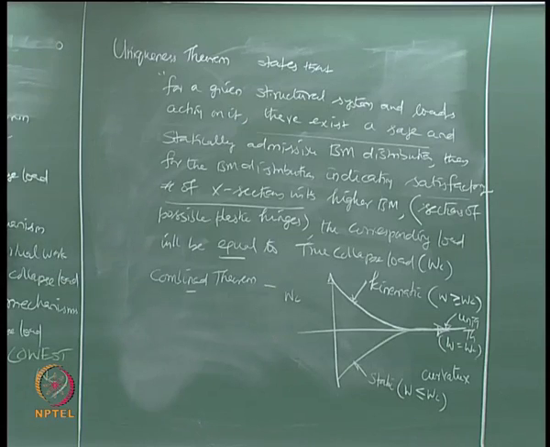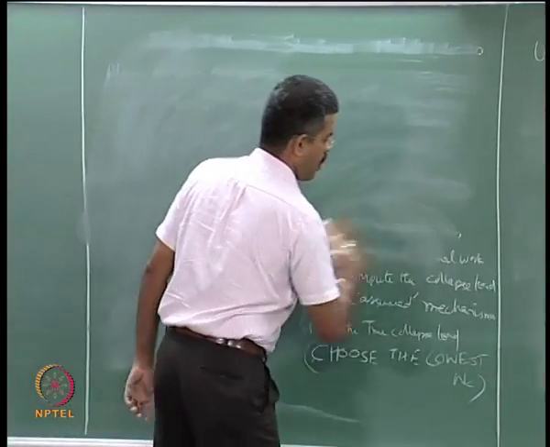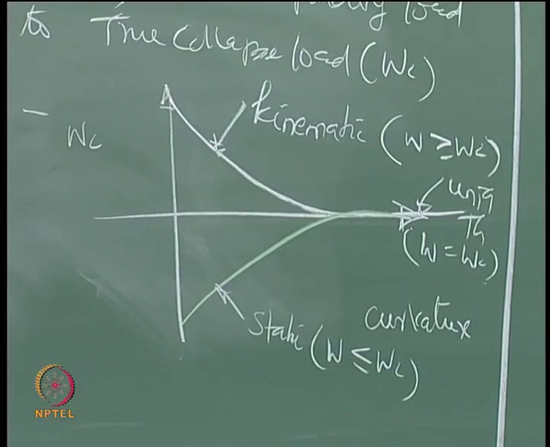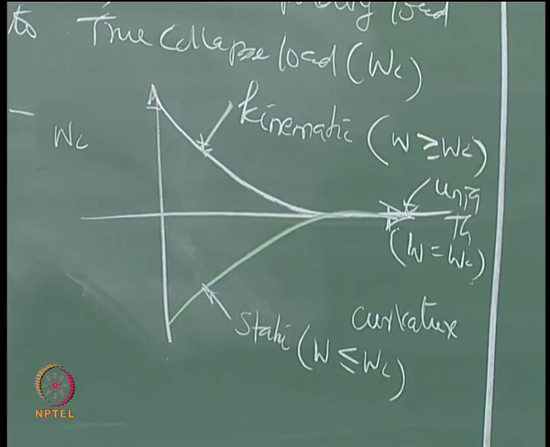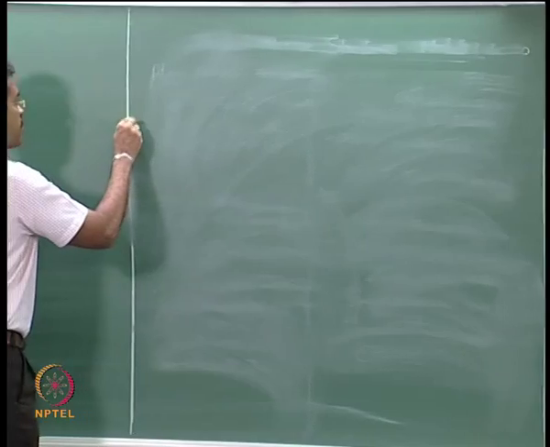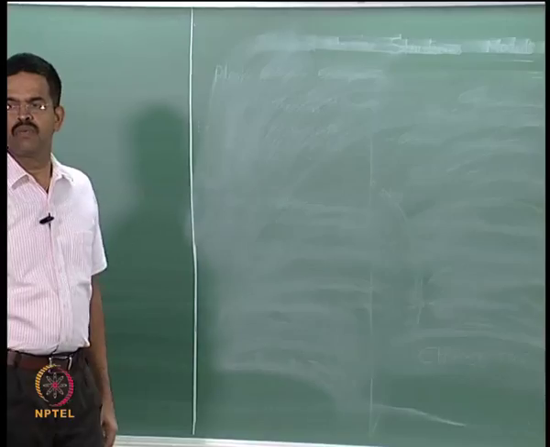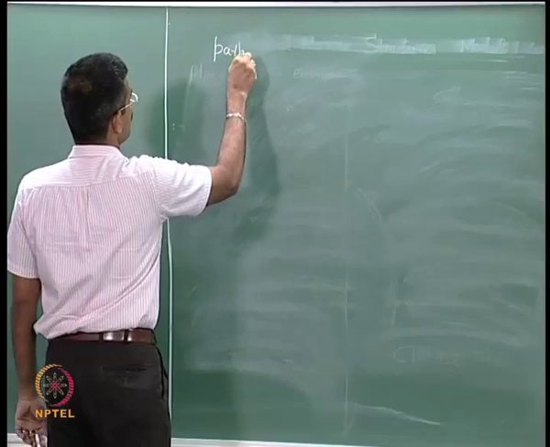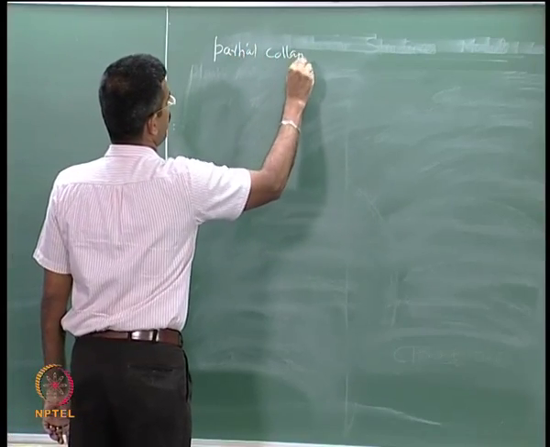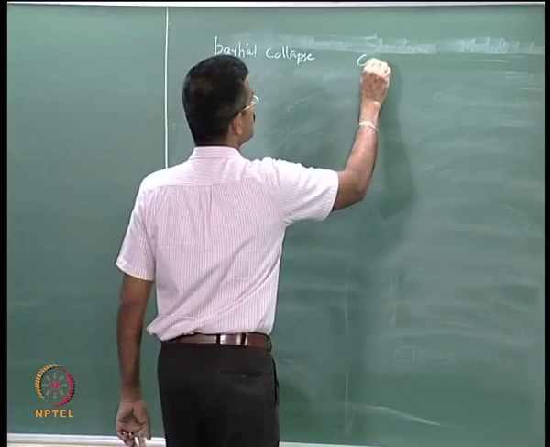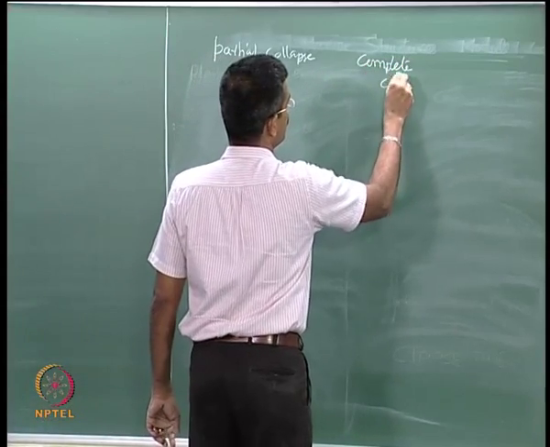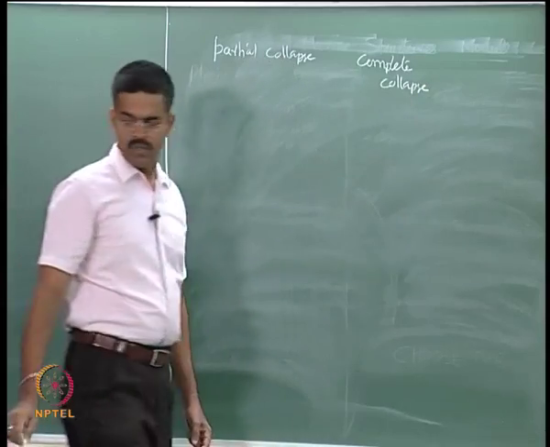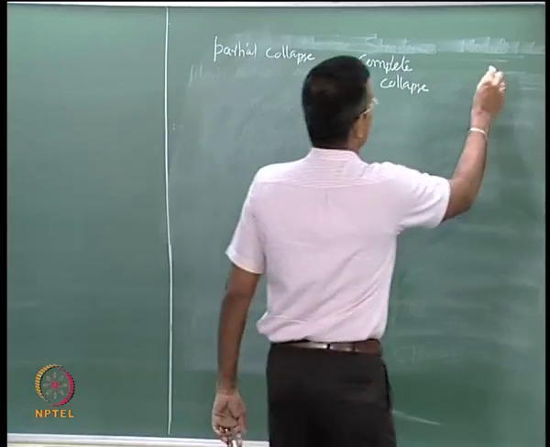Now, we have been talking about mechanisms, we studied independent mechanism, we understood combined mechanism. All these mechanisms will enable the required number of plastic hinges to form, so the structure does not react back to the applied loads. Okay. There is something called partial collapse, complete collapse, over complete collapse.